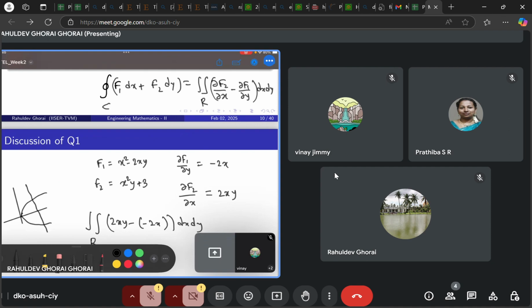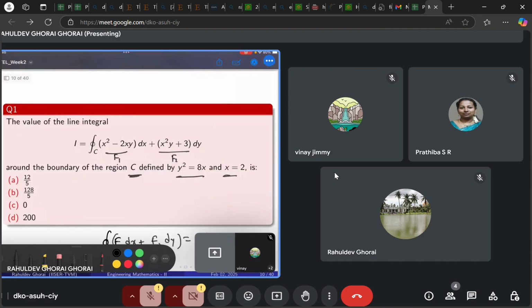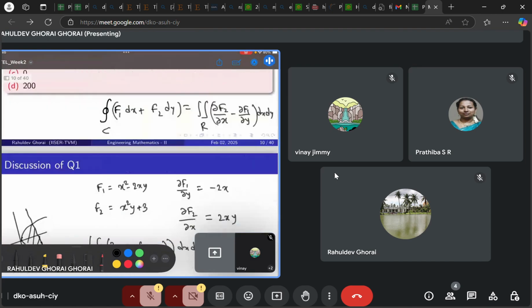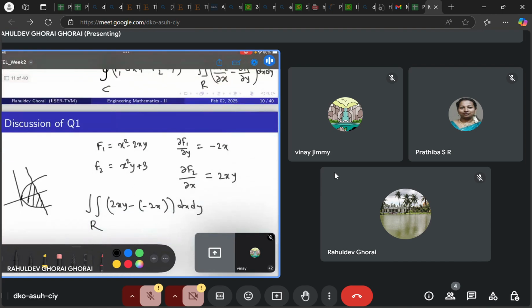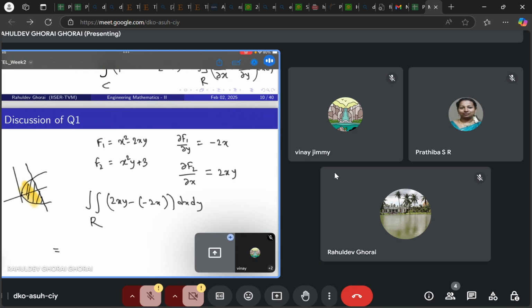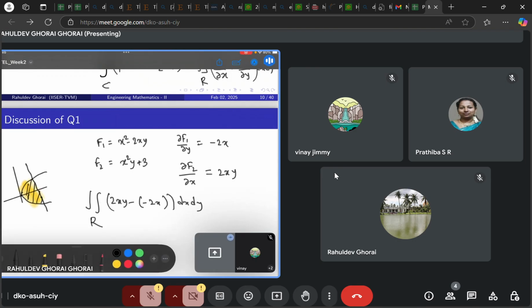So the region will be bounded by this, right? For this region, R will be this whole thing. This is R.